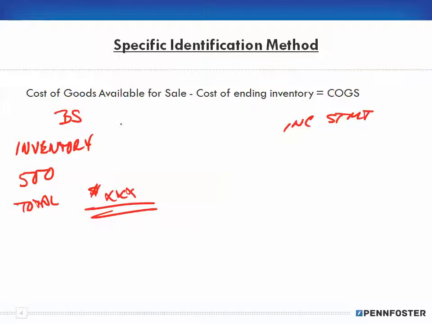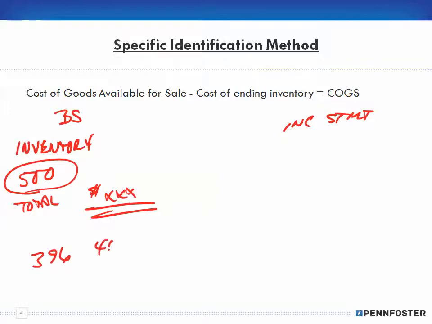Now, when someone comes to the car dealership, they want that specific car, that make, that model, that color, whatever it is. And that item is the one that they're purchasing. So out of these 500 cars, maybe they're looking at the car on the lot, 396, okay?